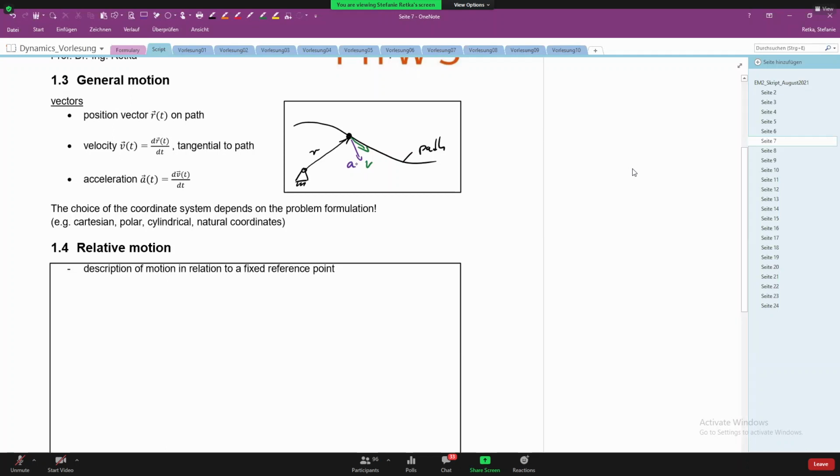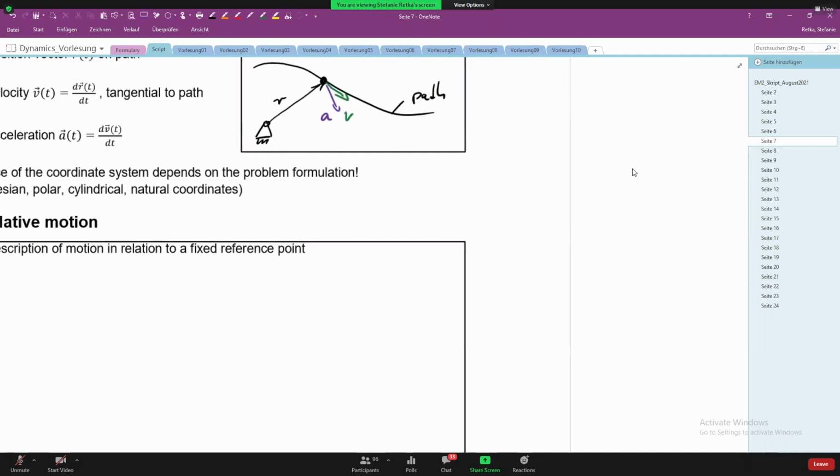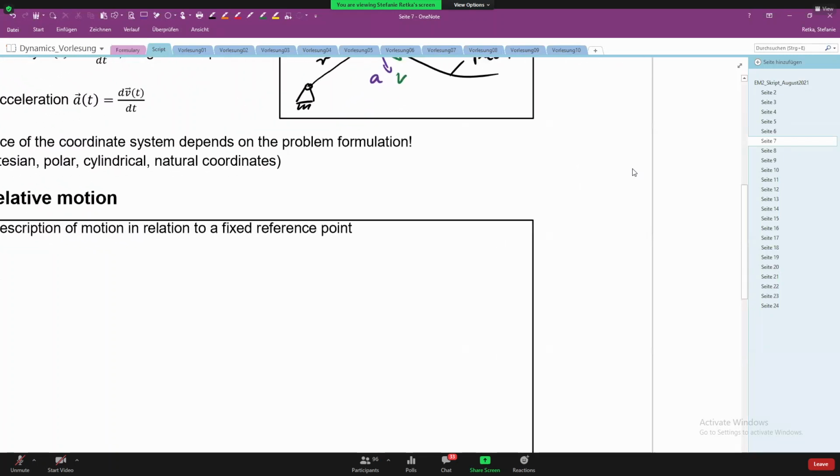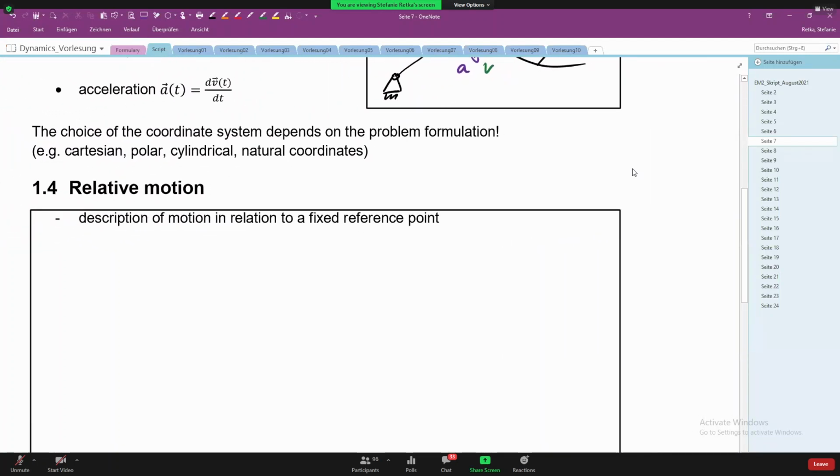Right now, we are only using Cartesian coordinate systems, and we will do this throughout the whole semester. But of course, there are other problems where it might be helpful to change the coordinate system to a polar, cylindrical coordinate system or whatever. But for us, we are only using Cartesian coordinate systems.